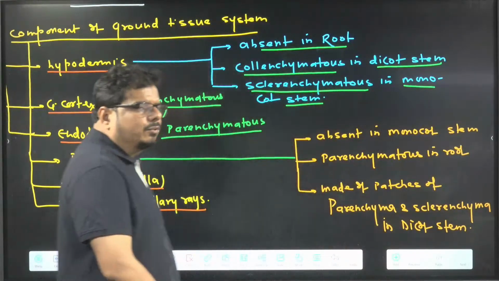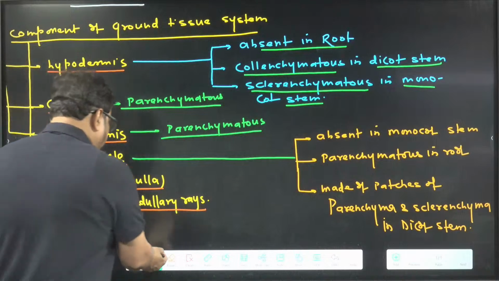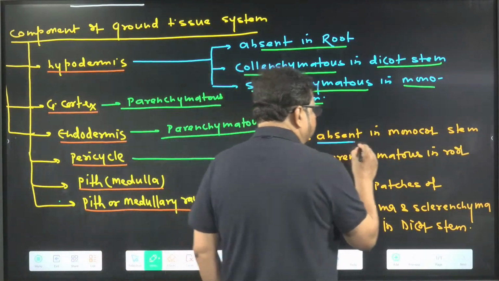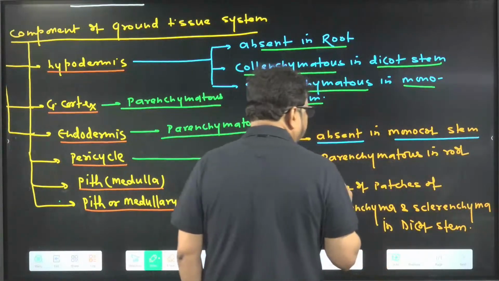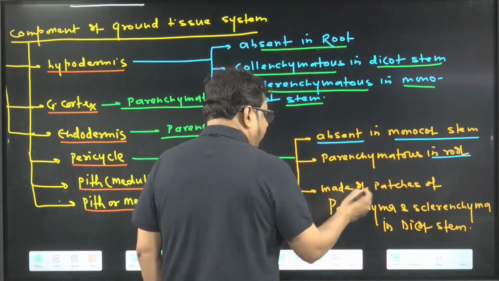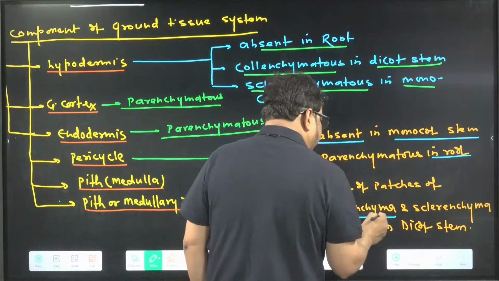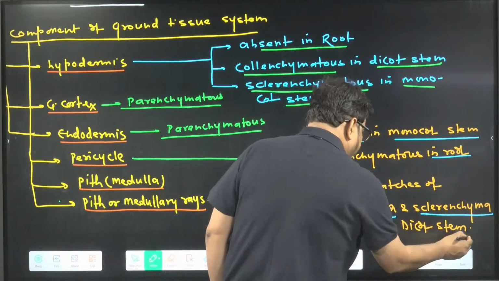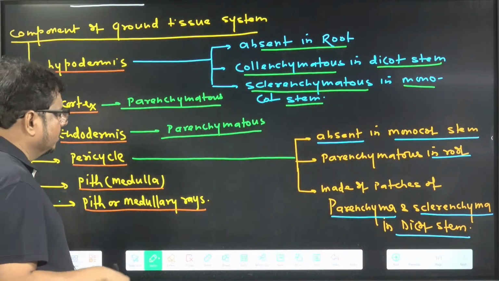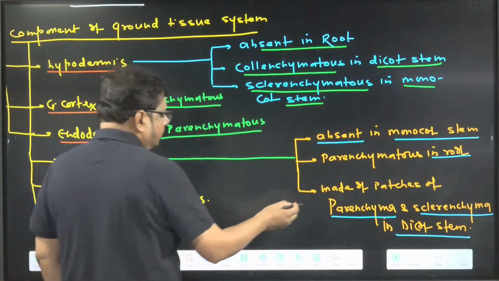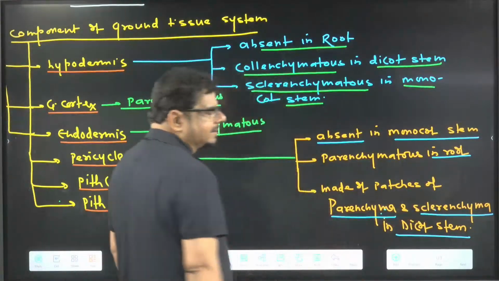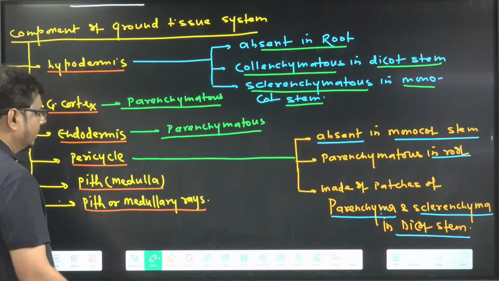So pericycle is absent in monocot stem, parenchymatous in root, and made up of patches of parenchyma and sclerenchyma in dicot stem. I will draw the diagram later when we talk about the anatomy of dicot stem. Then I will show you how it is made up of patches of parenchyma and sclerenchyma. Is it clear or not?